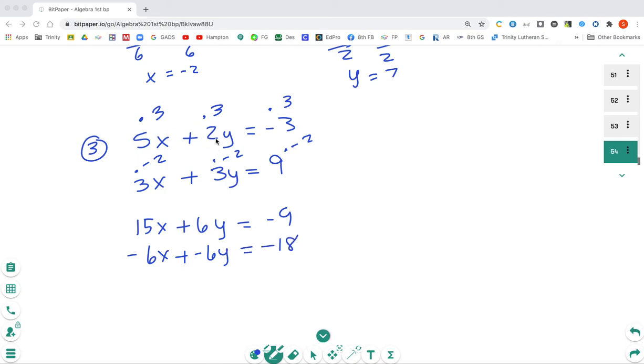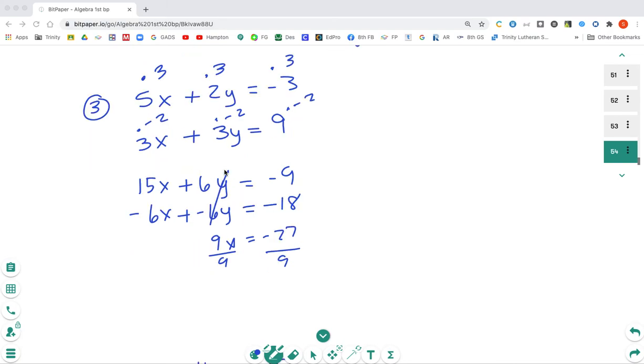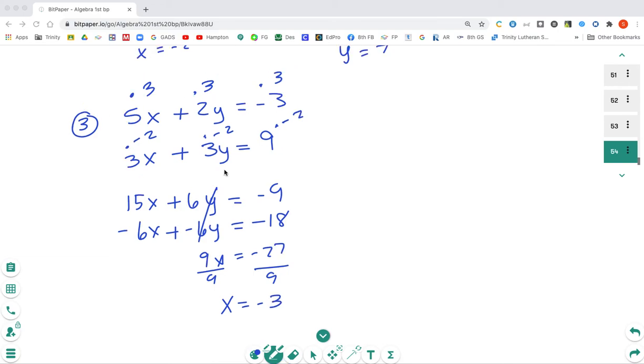So all I did was look to see what would be the quickest zero pair that I could create. So I chose to use the y's. So now my y's are going to cancel out. That's going to give me 9x is equal to -27. Divide by 9, divide by 9. X is equal to -3. Come back up here, put my x in for -3.